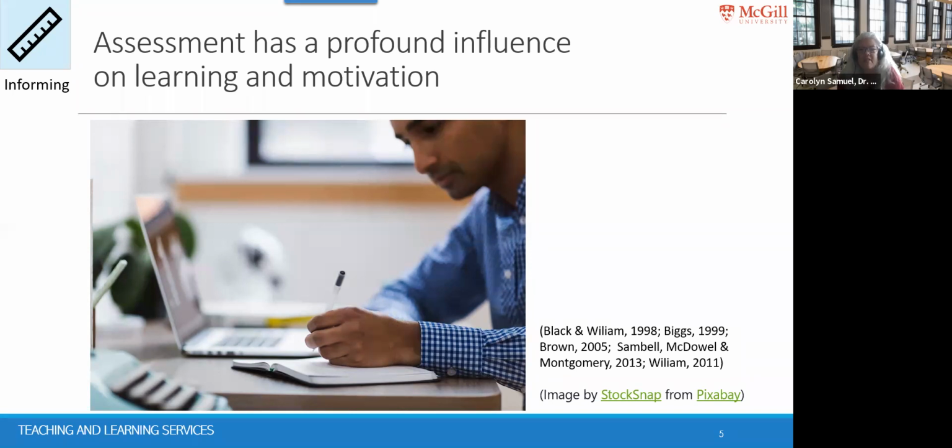So those are very typical ways to go about preparing for teaching or preparing a course, but we're asking you to put assessment at the fore and then ensure that your teaching is aligned with the assessment. So we don't want to wait until the end, toward the end of a course, to plan the assessment.